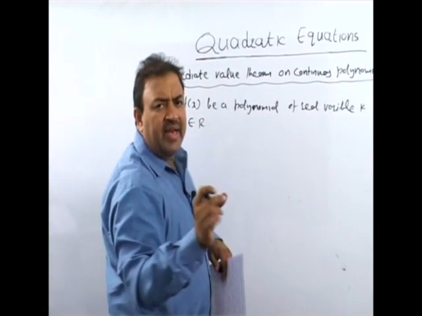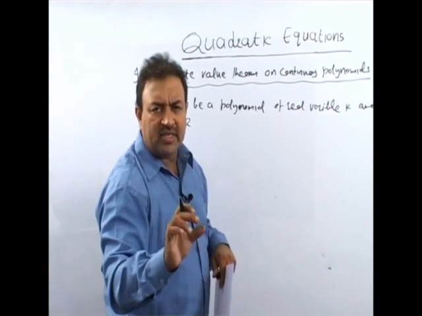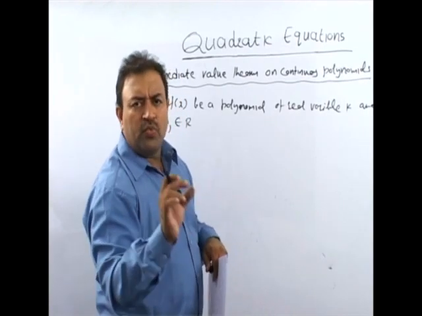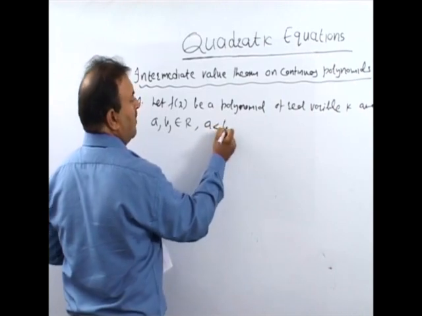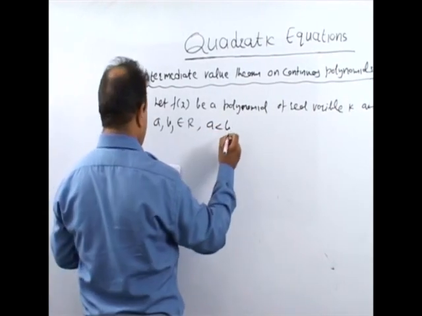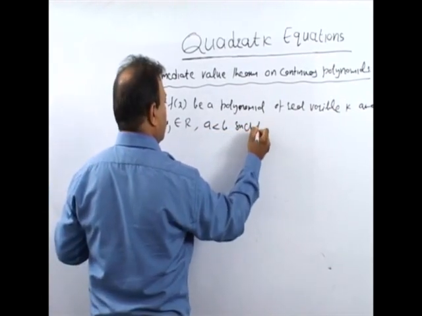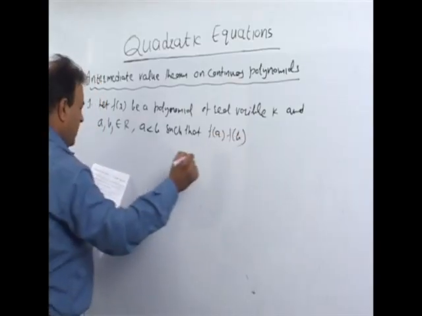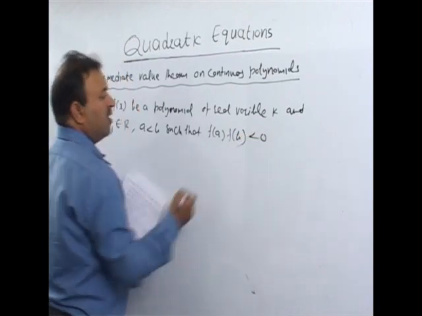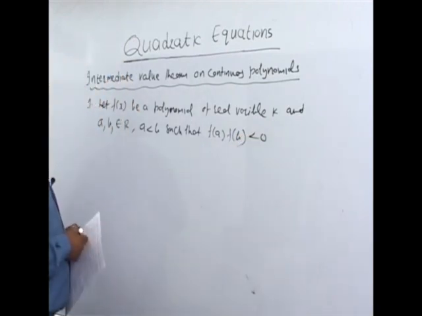We have taken any two real numbers, one is a, another is b. So we have taken two different numbers, we can say a less than b, such that f(a) f(b) is less than 0.